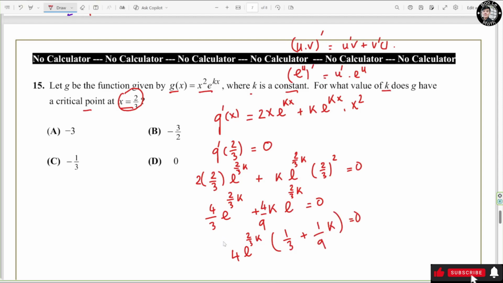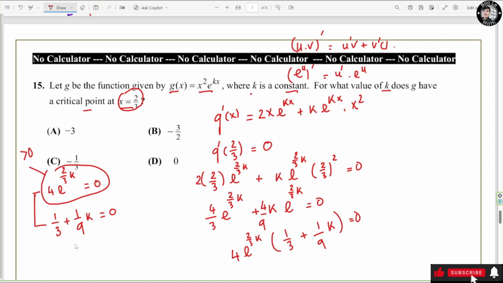This one is the zero product, so each of them must be equal to 0. So we have 4 e to the 2 over 3 k equal to 0, and 1 over 3 plus 1 over 9 k equal to 0. The top right here has no solution because this one is always greater than 0, right?